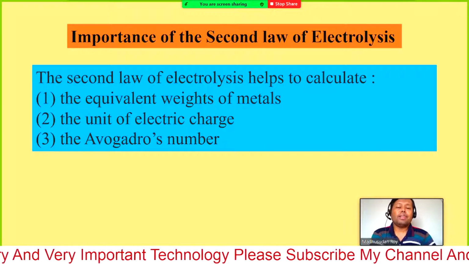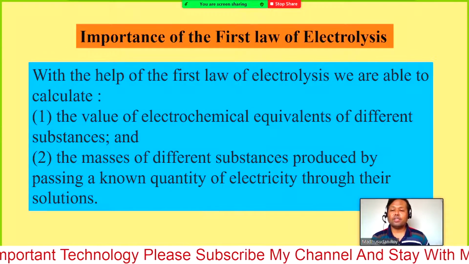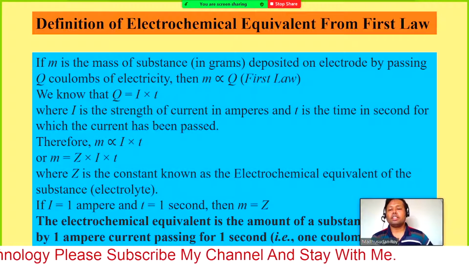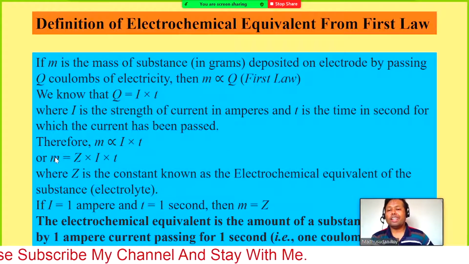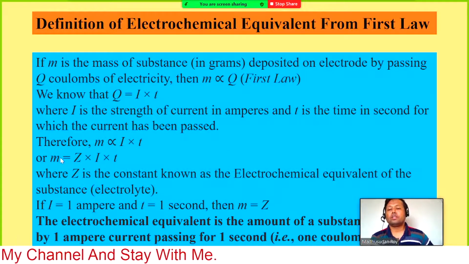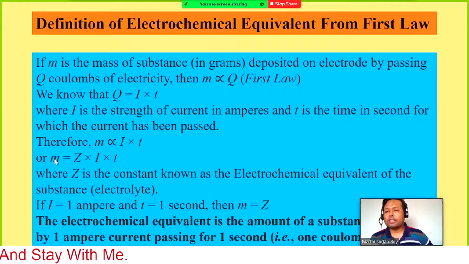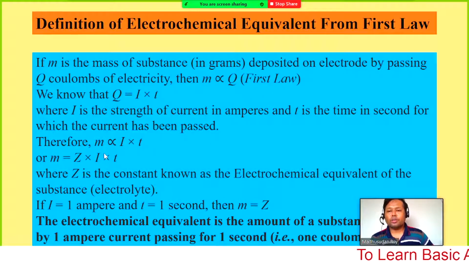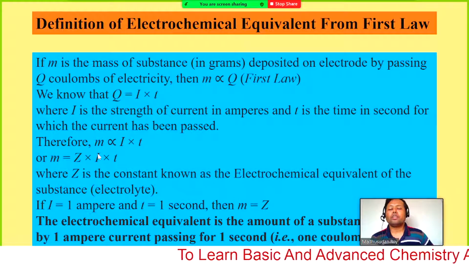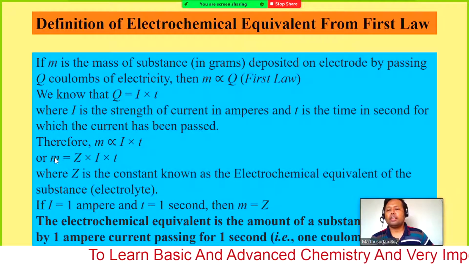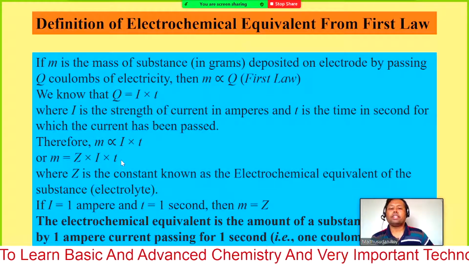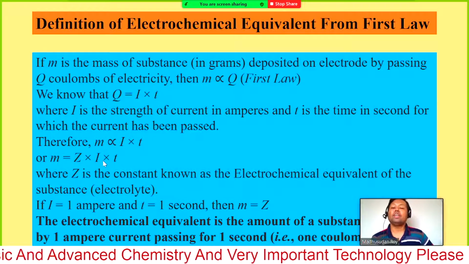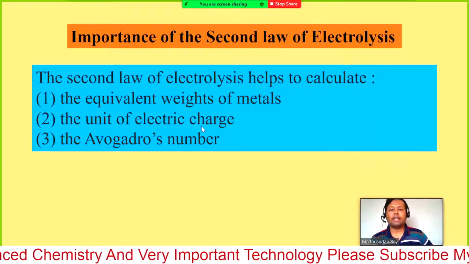So now you can find out the chemical equivalent using this law. And the unit of electric charge: if you know the chemical equivalent from this equation, you can get gram, then ampere, then second. So if you do not know the unit for this current, then you can find it from m divided by z divided by t, and in that case you can easily find the unit of electric charge.